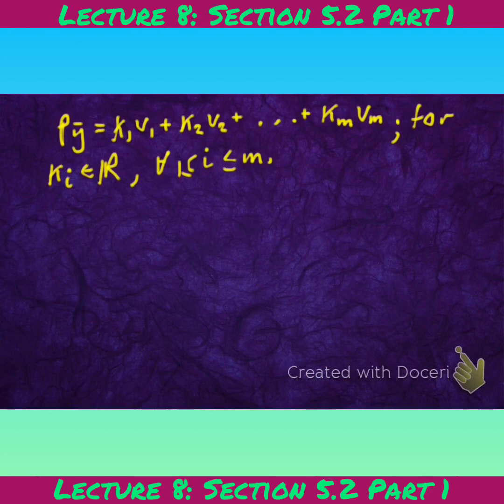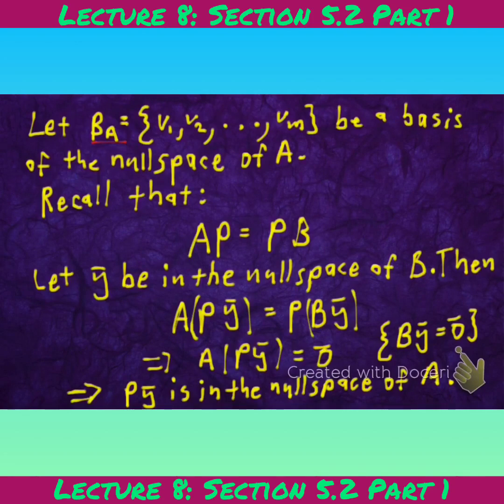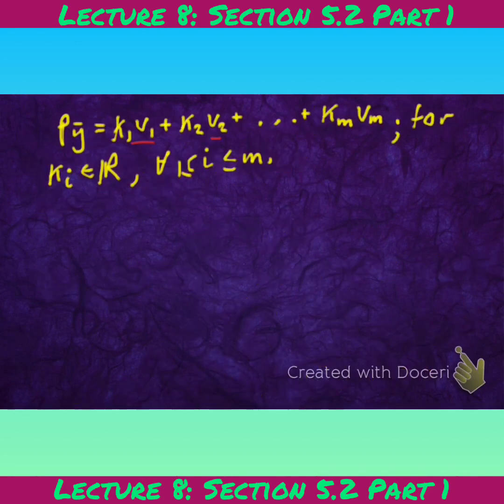There's my linear combination. Remember, the V's form a basis for the null space of A. So I can express Py as that linear combination. Because P is invertible, we can then solve for the vector y.